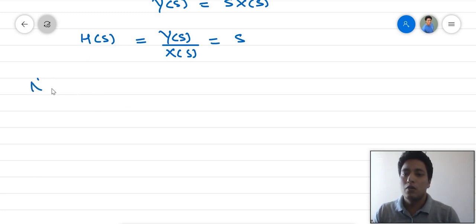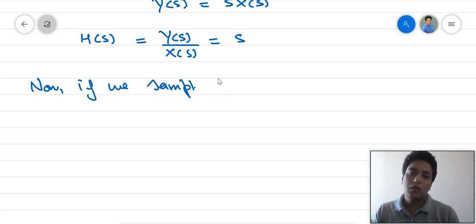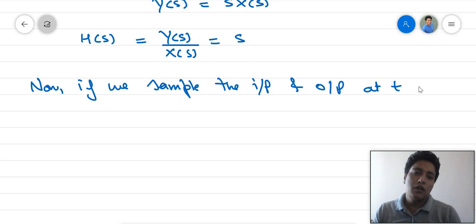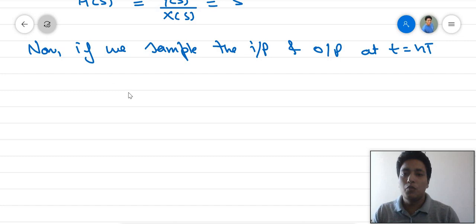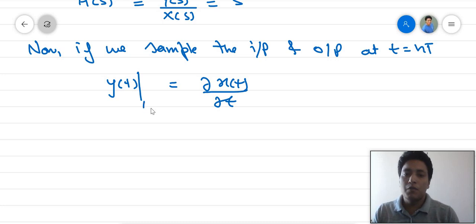Now if we sample the input and output at t equal to nT, then input is x(t), output is y(t), and we know the relation y(t) equals del x(t) by del t.